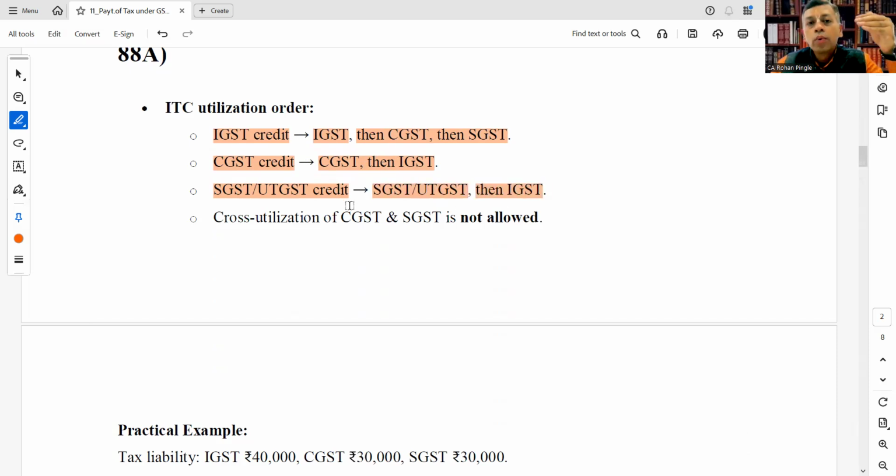The order would be like this. Cross utilization of CGST and SGST is not allowed. CGST cannot be used for SGST payment, and SGST credit cannot be used for CGST payment. So cross utilization of CGST and SGST among them is not allowed. So the order will be IGST credit, CGST credit, and SGST/UTGST credit.